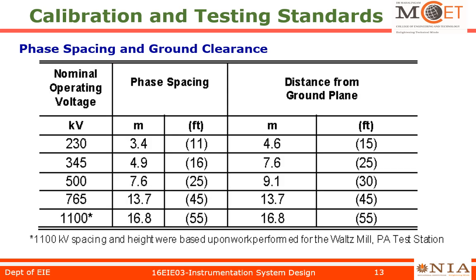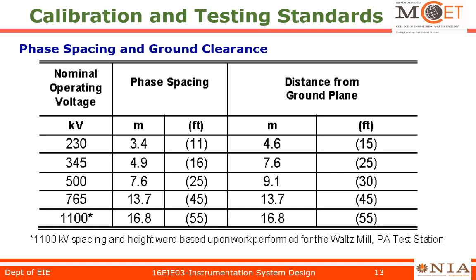Next, phase spacing and ground clearance. That means if I lay the electrical cable, the phase spacing and the ground clearance, if it is for 230 kilovolt, then the phase spacing should be 3.4 meter, that is 11 feet. The ground distance should be 4.6 meter.